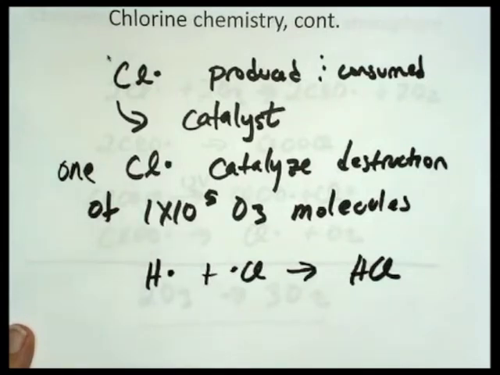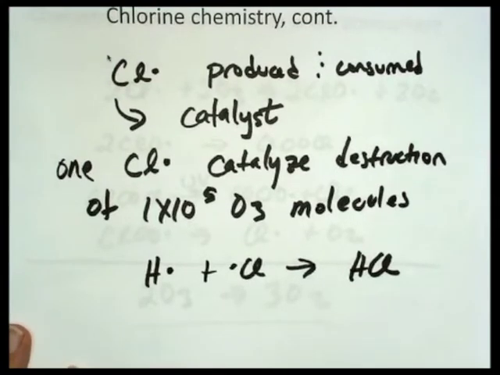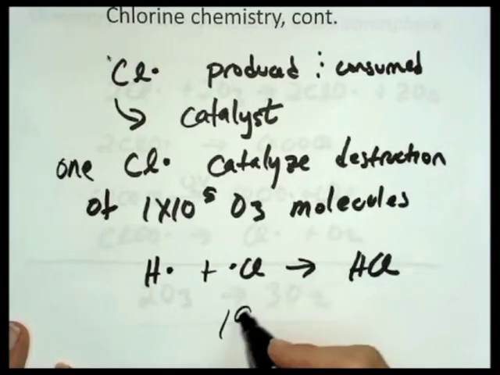Okay, so these findings, that this kind of series of events can happen with the chlorine atom acting as a catalyst to remove the ozone from the stratosphere, were published in 1974.